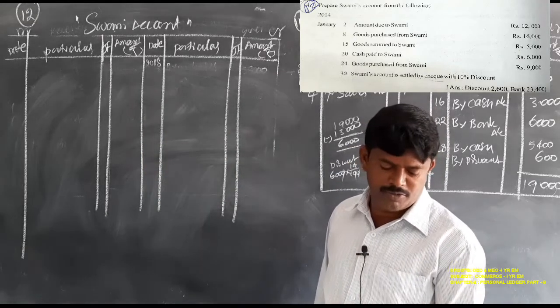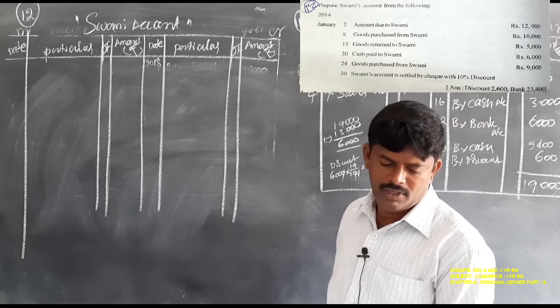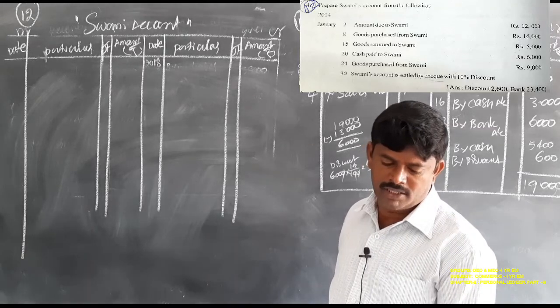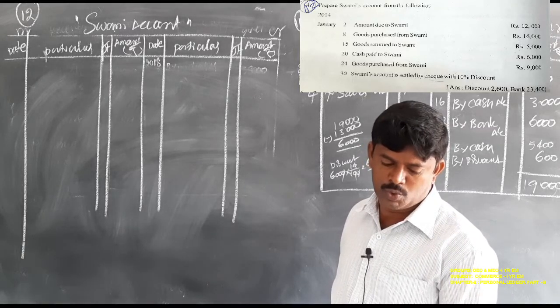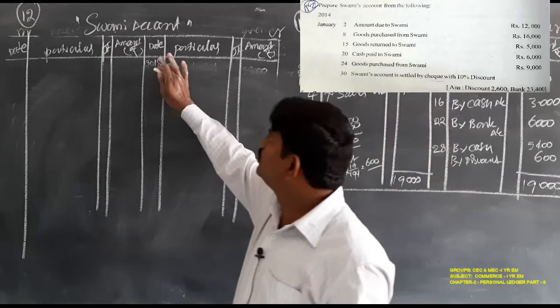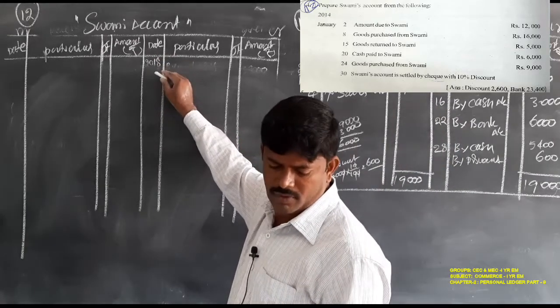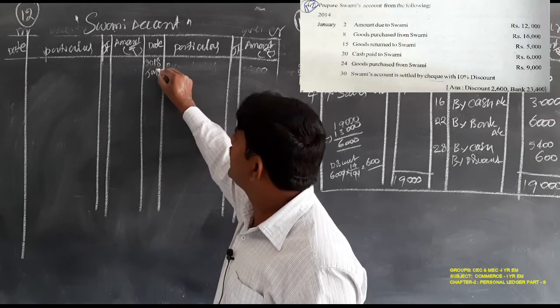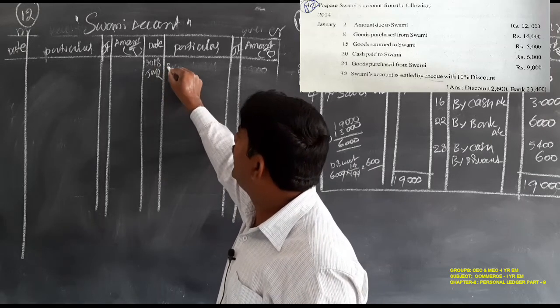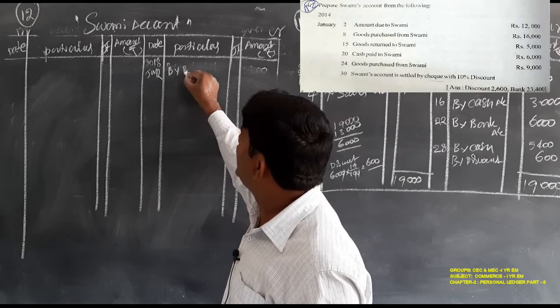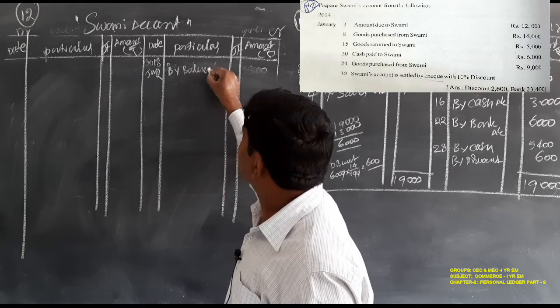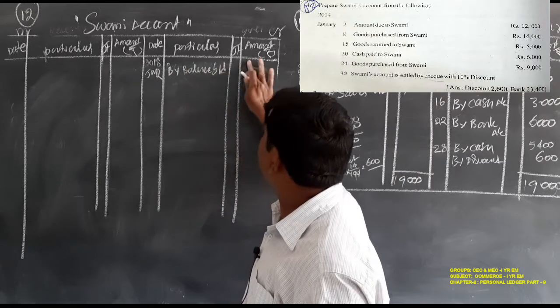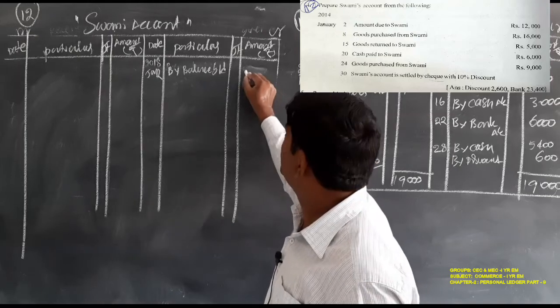First problem, it must be recorded on the credit side, balance due to. So 2018 January 2nd, by balance brought down, amount is 12,000 rupees.